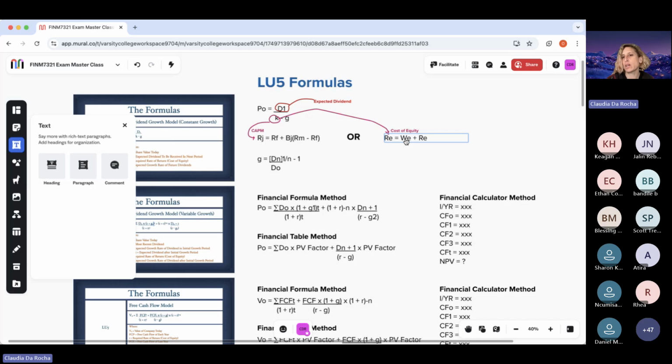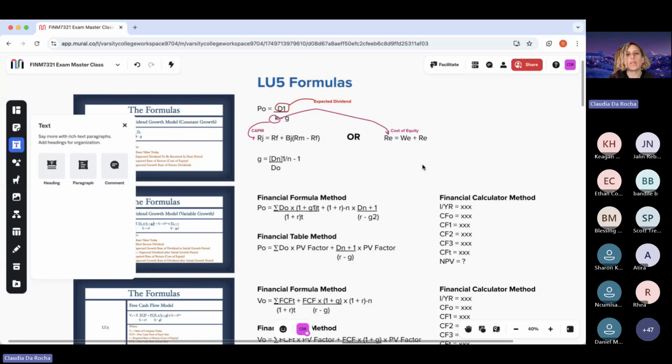There's a formula where you say the weighting of your equity over the weighting of the total, which I'll also just write up here. But in essence, it comes from your WACC. So there are two ways your K can be given to you: it can just be given to you, or you have to calculate it in two ways. And we will do a question where we go through that and see how we would calculate it.